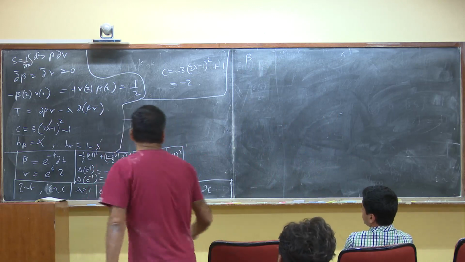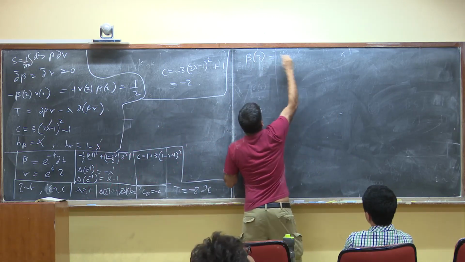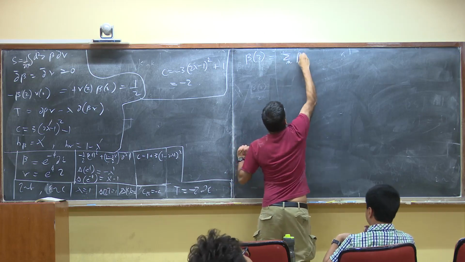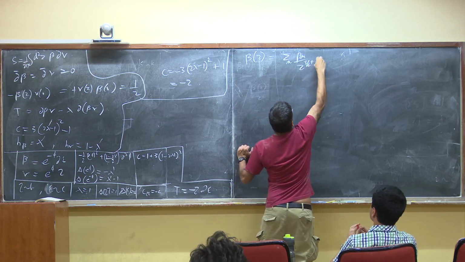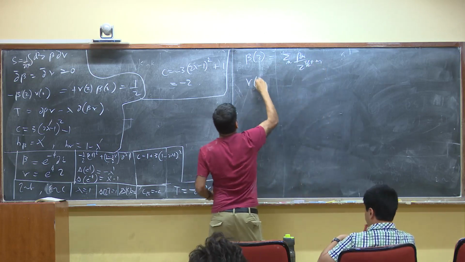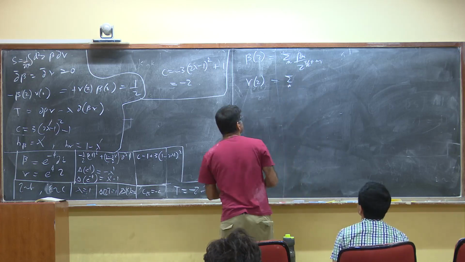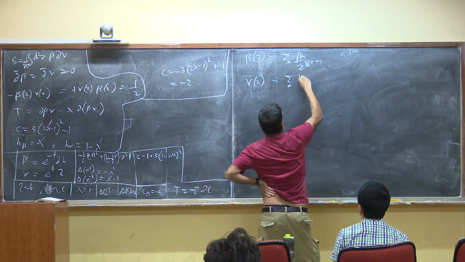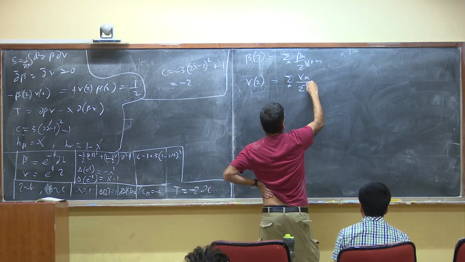Our expansion was beta of z equal to sum over m of beta m divided by z to the power 3 by 2 plus m, and gamma of z is equal to sum over m of gamma m divided by z to the power minus half plus m.